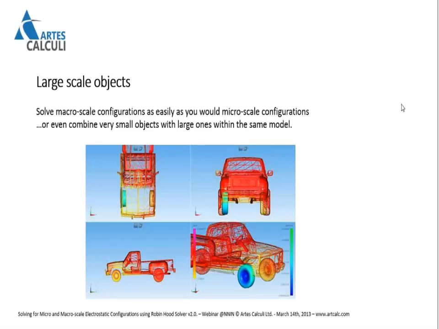You can see here a model of a pickup truck, which is quite large. It was created in AutoCAD, and we have successfully imported it in Robin Hood solver and done calculations on it without problems on a simple desktop computer. You do not need a machine with 10 gigabytes of RAM to execute calculations in Robin Hood solver.